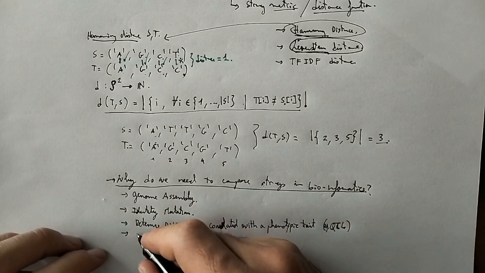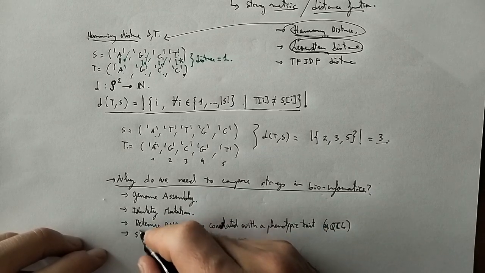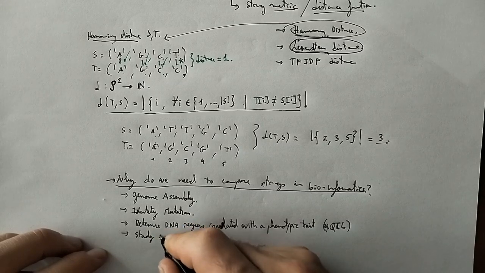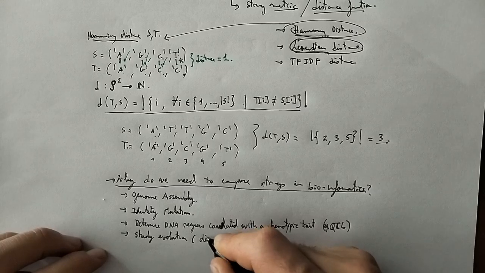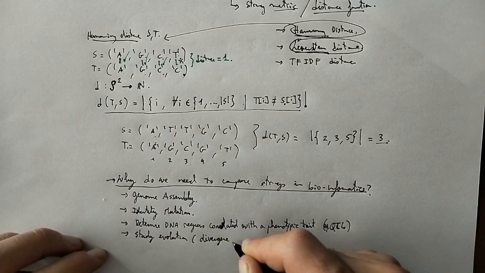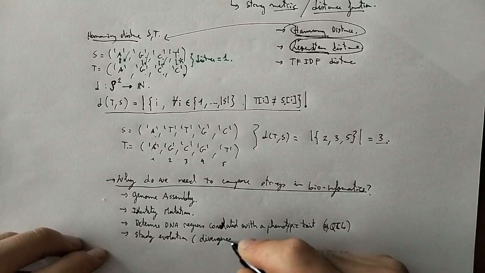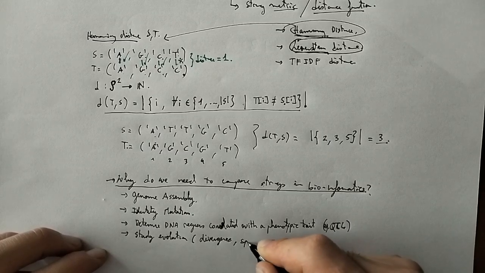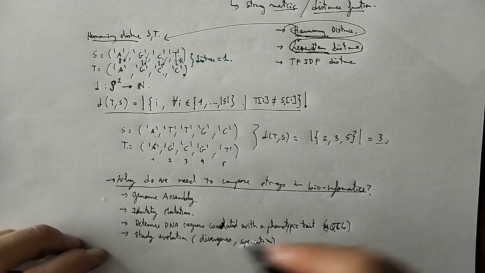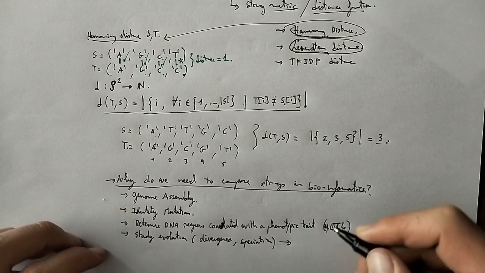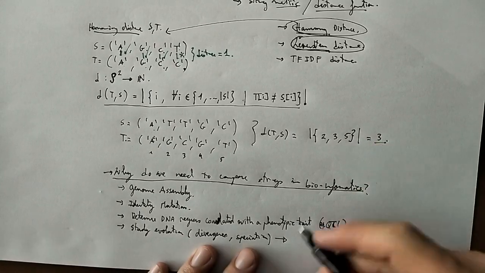We can also use it to study evolution. For example, the divergence of sequences or the speciation. And this is linked to the study of phylogeny.